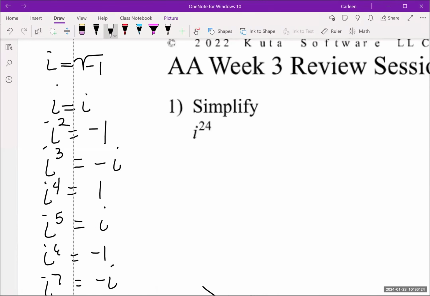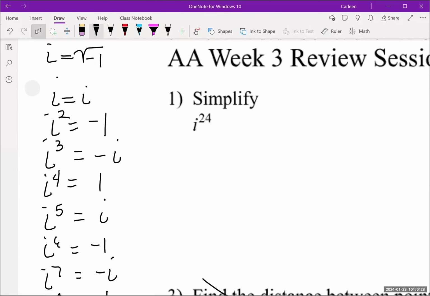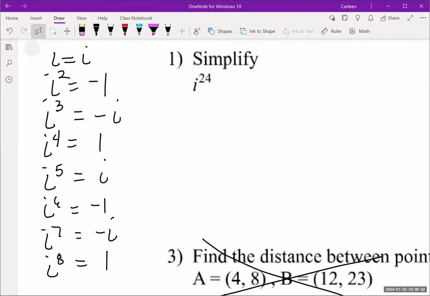Now, as we keep going, this does not have to be on your notes. But as we keep going, we see that i to the fifth is i. Oh, look, it's repeating. i to the sixth is -1. Repeating. i to the seventh is -i. Repeating. i to the eighth is 1.